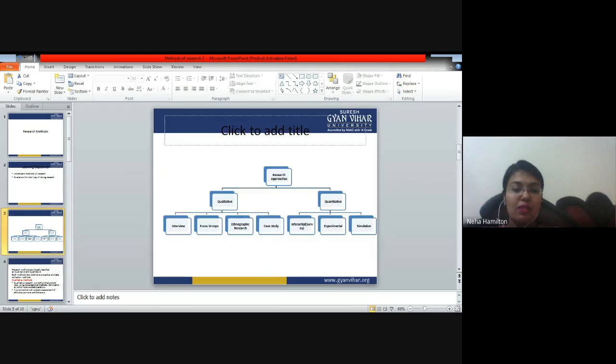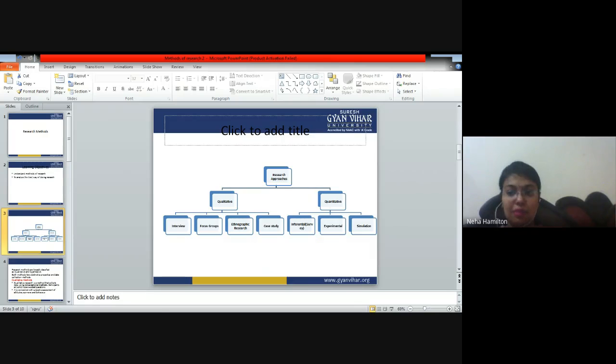Now this diagram, I hope it is visible on your screen, is very, very important. It answers the question of what a research method is and what the various approaches are. Whenever we talk about research methods, there are basically two approaches. The first is called the qualitative method and the second is called the quantitative method.